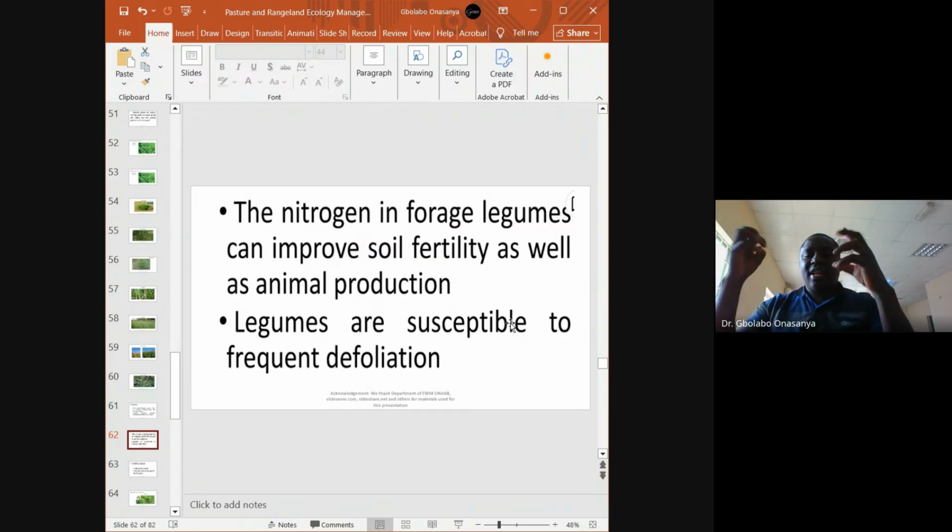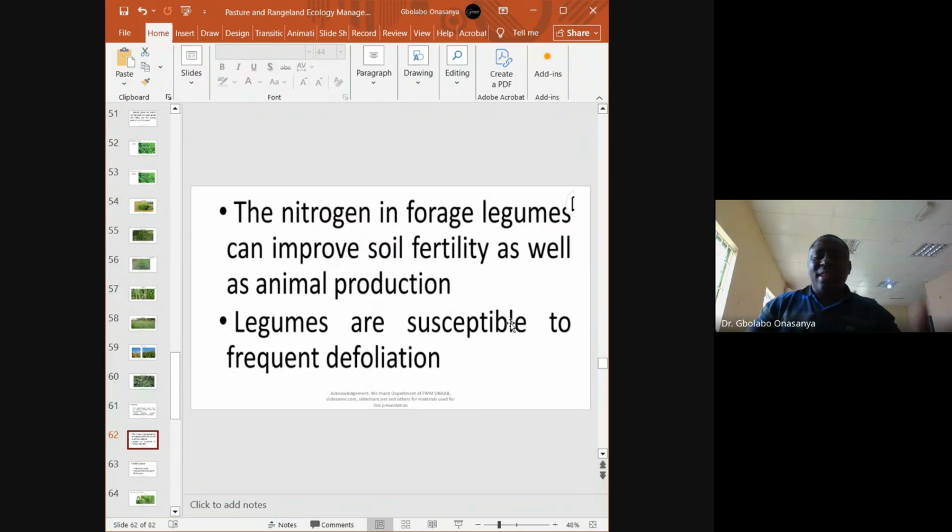The way it works is they have knobs, rhizobium, on their roots. Reddish nodules, like balls, like galls, that convert atmospheric nitrogen into soil nitrogen. When it's converted, the plant now uses it.